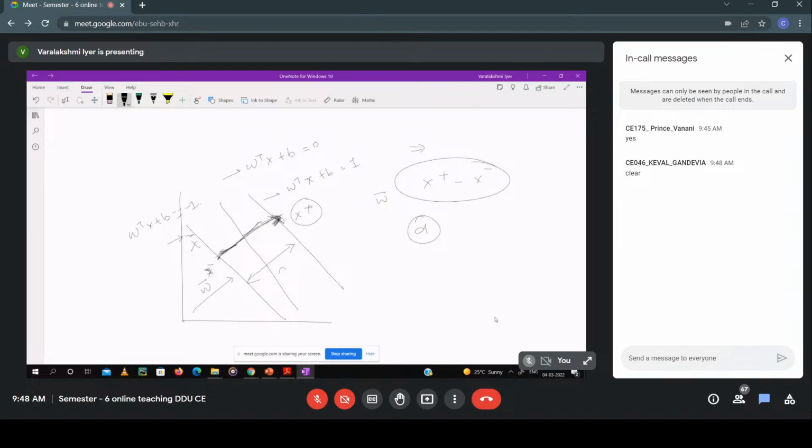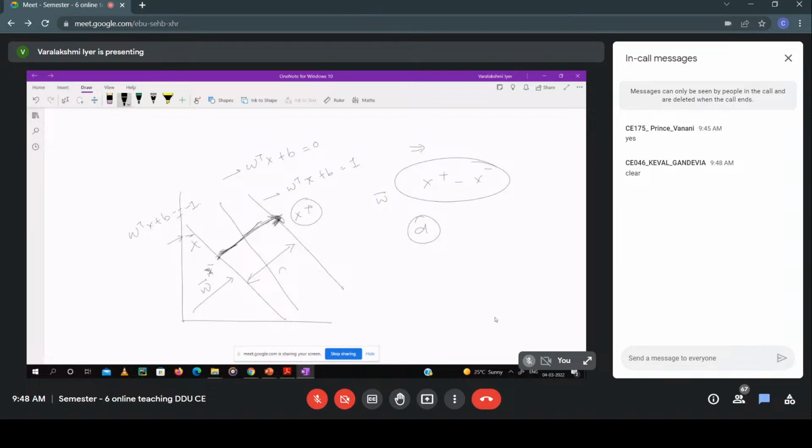It is clear, right? So what we have done is we have taken two support vectors at this point, x positive on the positive side of the hyperplane and x negative on the negative side of the hyperplane, right? X positive will satisfy which equation? W transpose x plus b is equal to 1 will be satisfied by x positive because this is a support vector. And x negative will satisfy which equation? W transpose x plus b is equal to minus 1 will be satisfied by this support vector x negative, right?